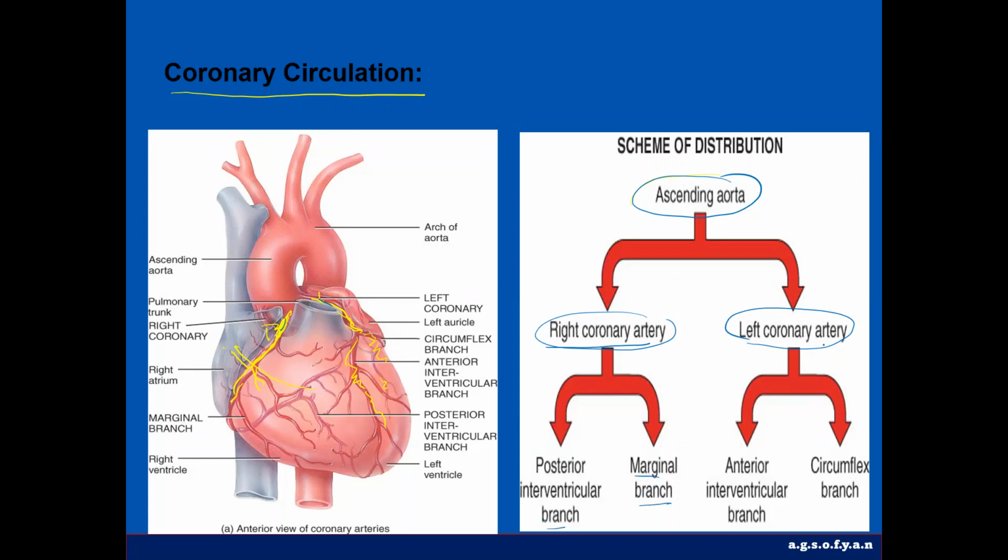And the left coronary artery will branch into anterior interventricular branch and circumflex branch. So there are actually 4 arteries that deliver blood into the heart muscle.